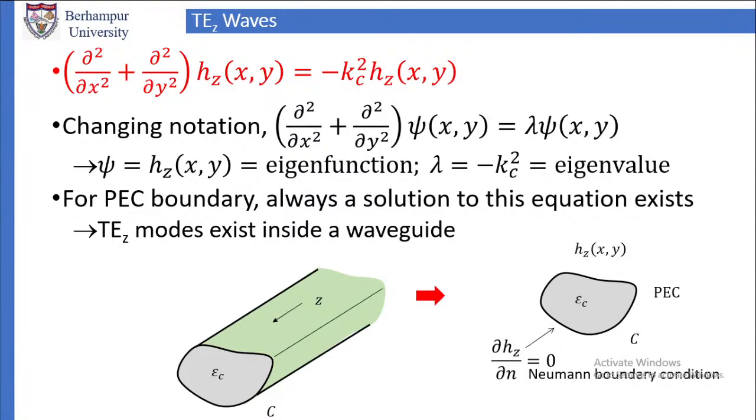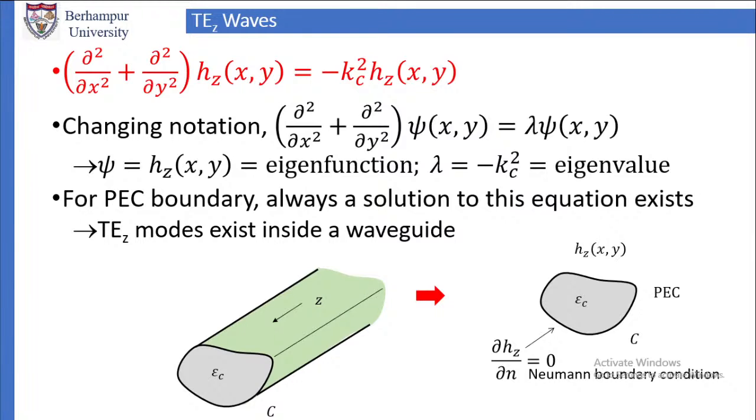Now you know from boundary condition, for perfect electric conductor, there will always be a solution to the eigenvalue problem, and the solution gives you the modes. So TEZ modes exist inside the waveguide because there always exists a solution. So there always exists a mode.